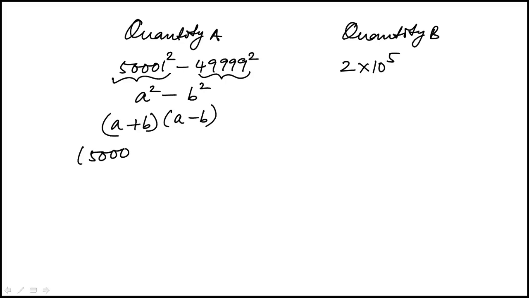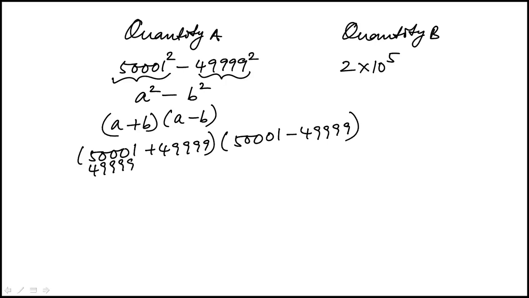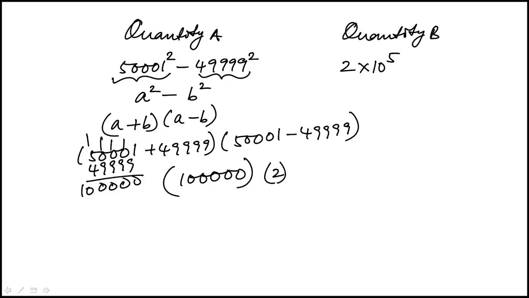So this is 50,001 plus 49,999, and then we're subtracting them. If we add these two, we get 100,000, and then the difference is just 2.